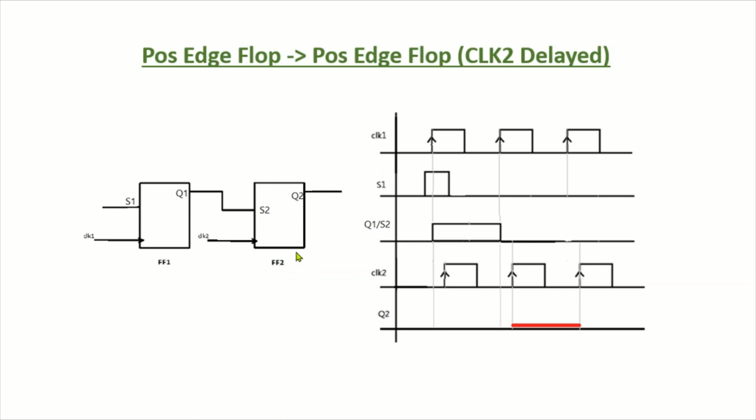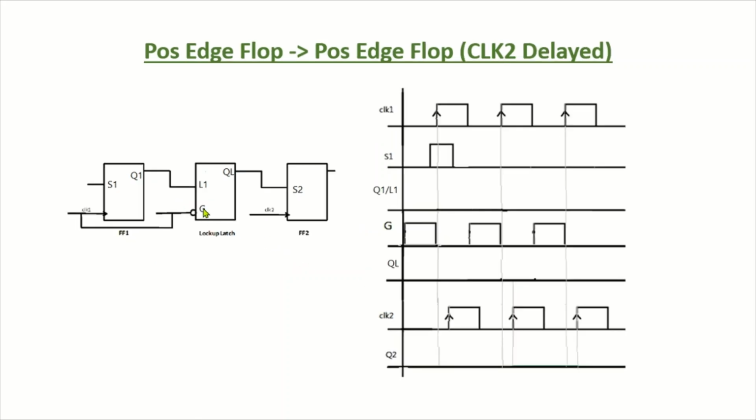So in order to avoid this condition, we are inserting the negative trigger lockup latch. Here the negative trigger lockup latch will allow data only when clock 1 is in off state, because the negative trigger lockup latch is connected to clock 1.